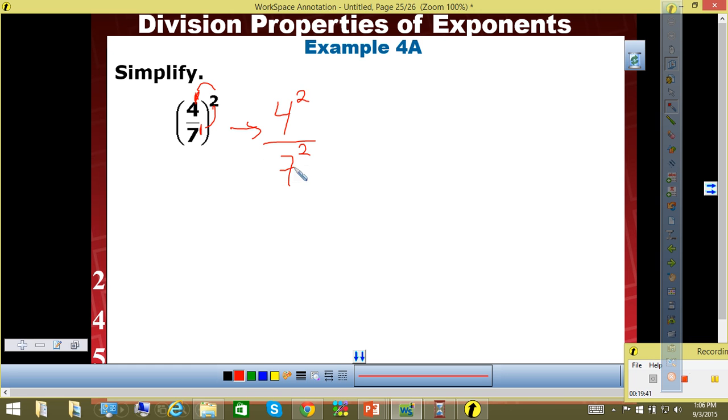And if I ask you to compute that, what do we get? 16 over 49. For right now, I'll take either or. That's fine. But if I'm asking you to simplify it all the way, make sure you do the computation. Go to the next one.